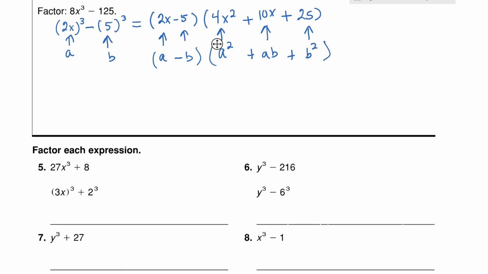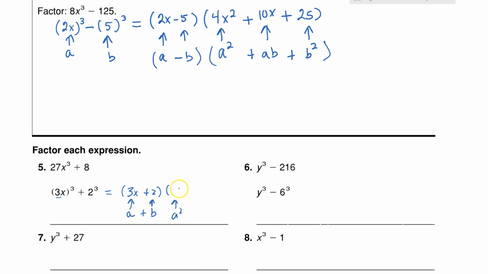So if we look at 5, we have 27x to the third plus 8. And you notice that we have 3x raised to the third, and we have 2 raised to the third. So this will be 3x plus 2, because I know it's going to be a plus b. And then we have a squared.